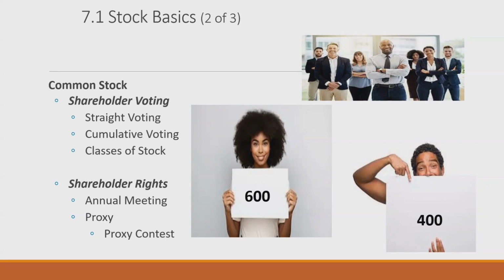Now, with a company like Google, which is really called Alphabet Incorporated, it offers Class A, Class B, and Class C stock.